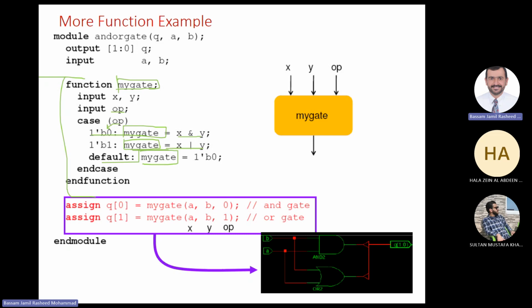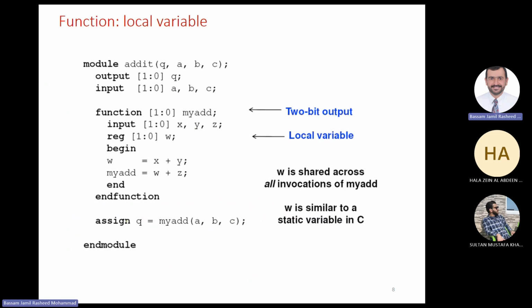So in this case, for example, I'm saying my gate passing A, B, and 0, and now I'm having an AND gate for A and B, and if I have a 1 here, I'm having an OR gate, A or B, using this assign statement. So this is an example here.